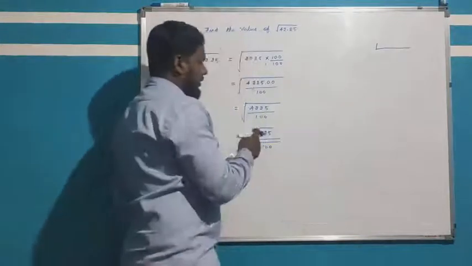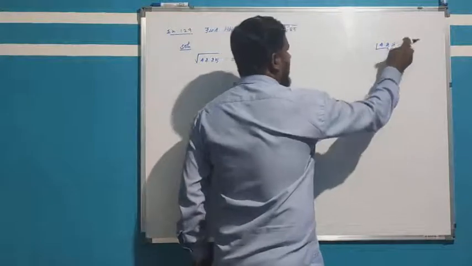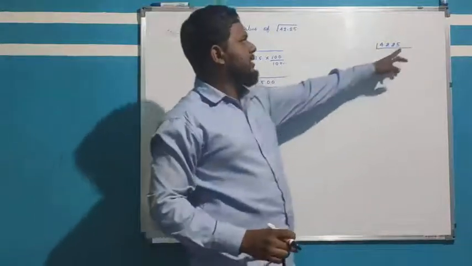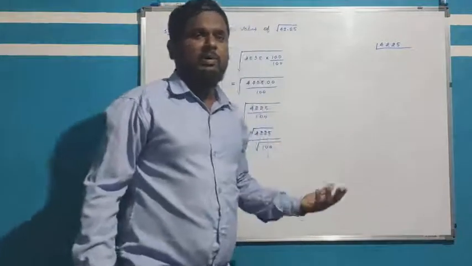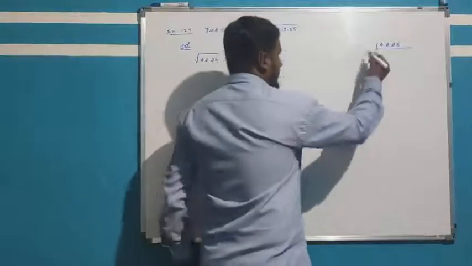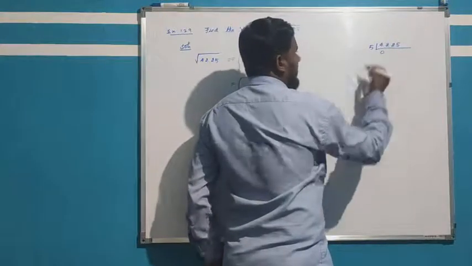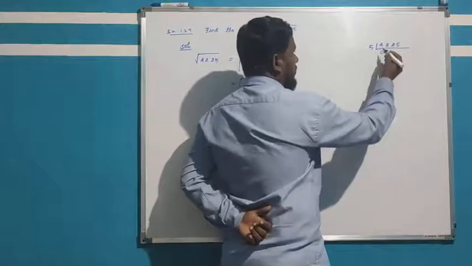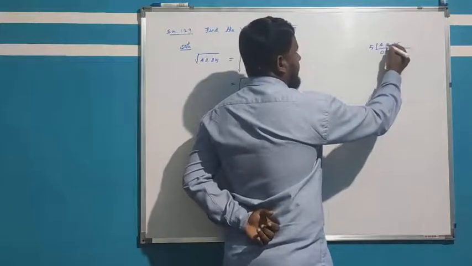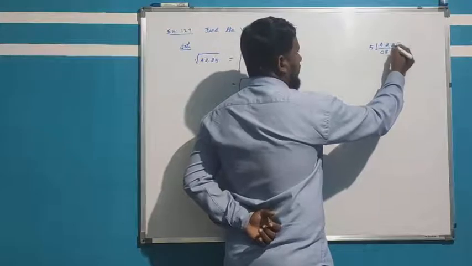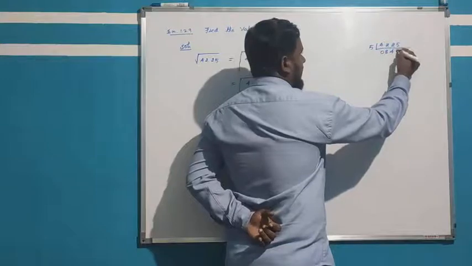For the numerator 4225, the last digit is odd, so we can use the third table or fifth table. I am using the fifth table. 8 fives are 40, balance 2, so 22. 4 fives are 20, balance 2, so 25. 5 fives are 25.